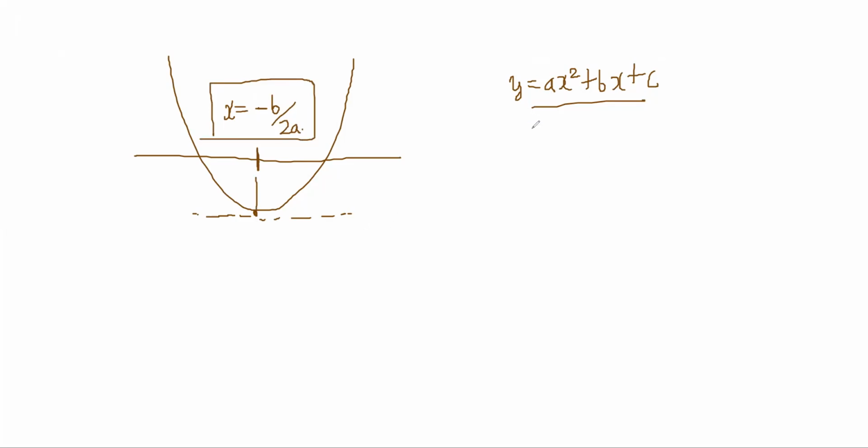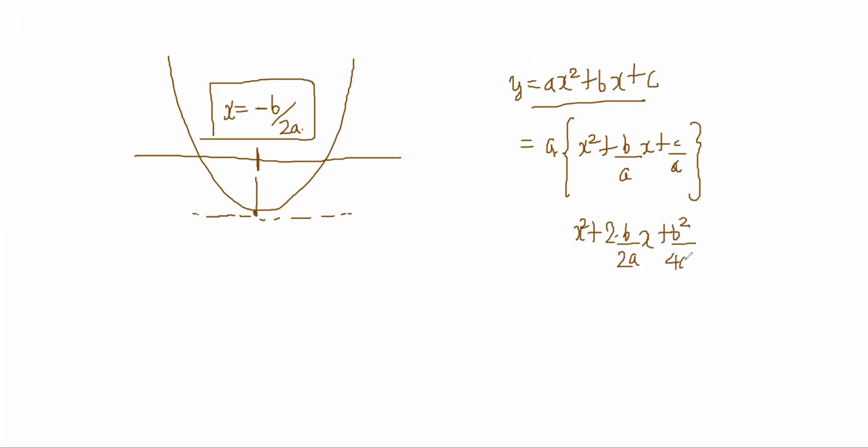Because this quadratic can be written as x square plus b by a x plus c by a, and this can be written as x square plus 2 times b by 2a x plus b square by 4a square plus c by a minus b square by 4a square.